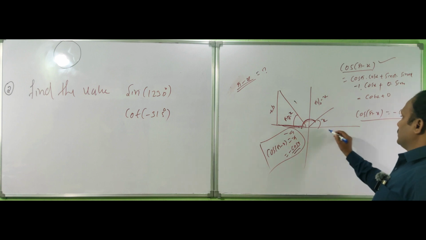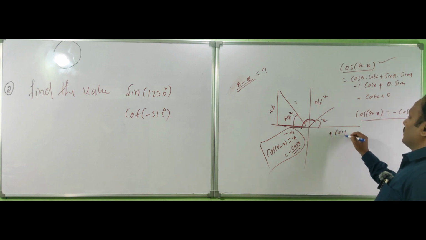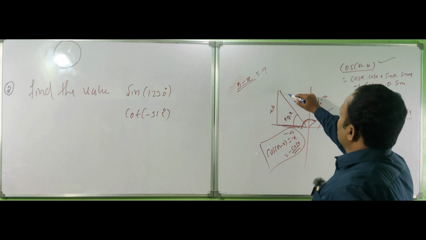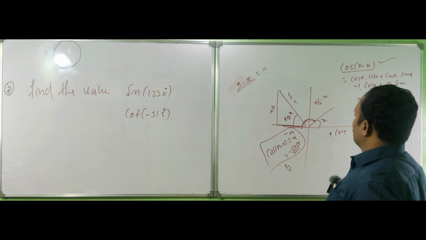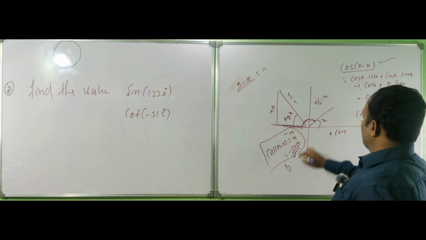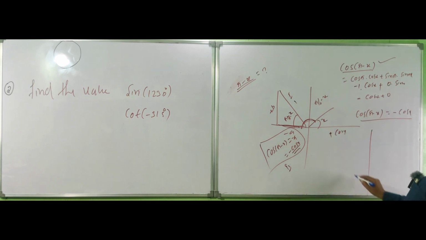See, here also cos is positive. You can't take it only here or here. If I take it in the third quadrant, this is x, this is x, and this is whole pi.